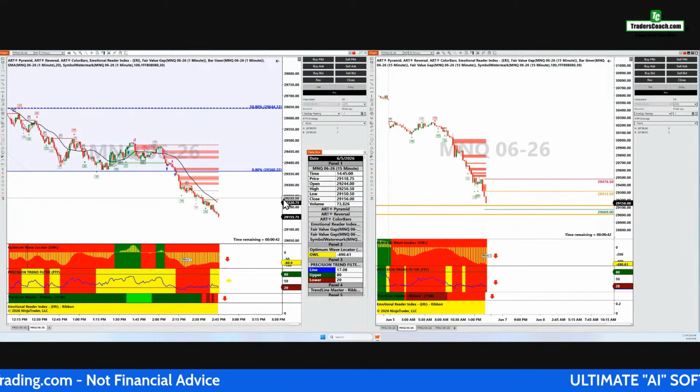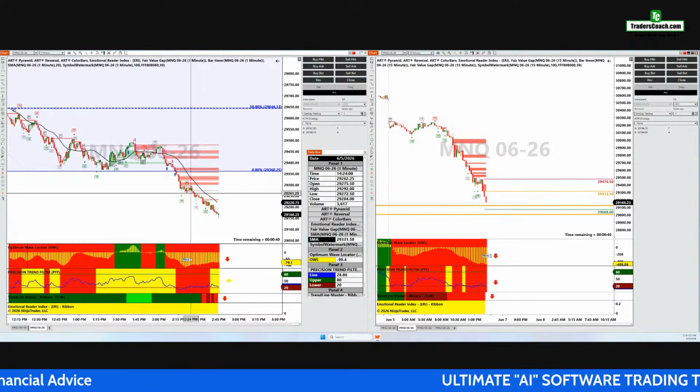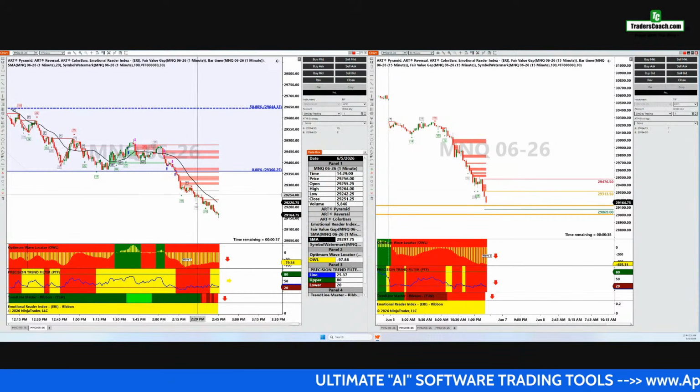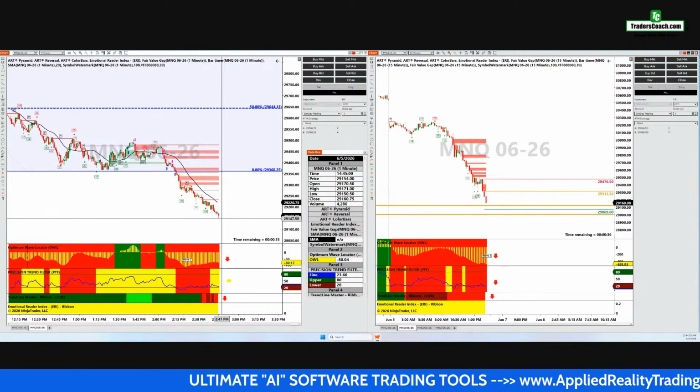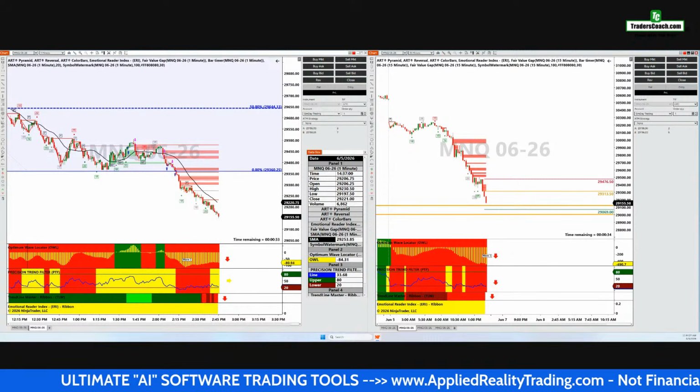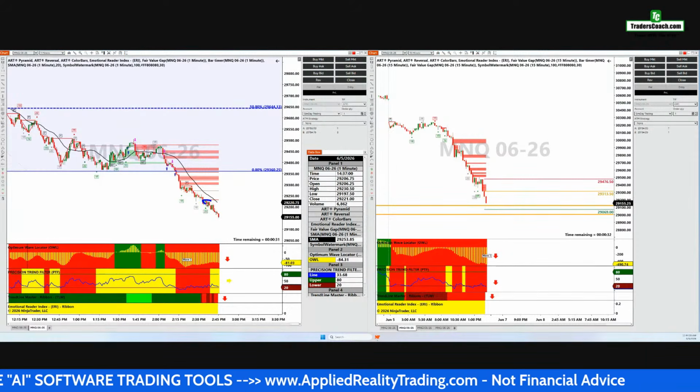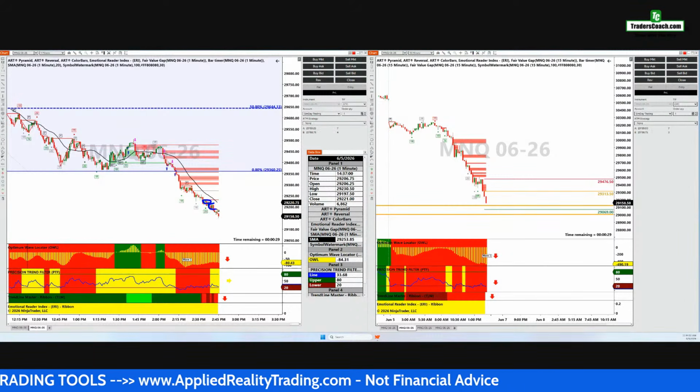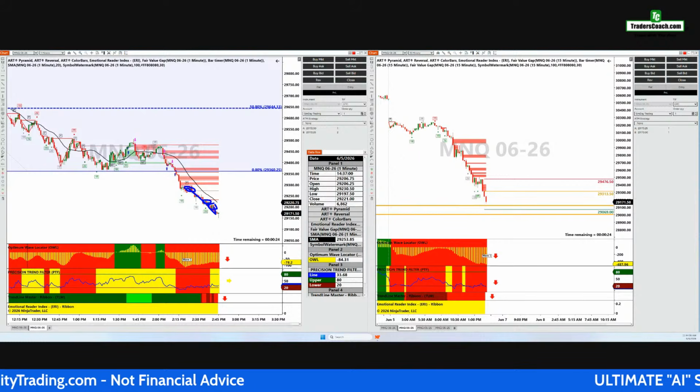See, this is spooling down. You got your fair value gaps here, but now it's just spooling down. Look at all these little areas here. Market maker accumulation, distribution, accumulation, distribution, all sell models.